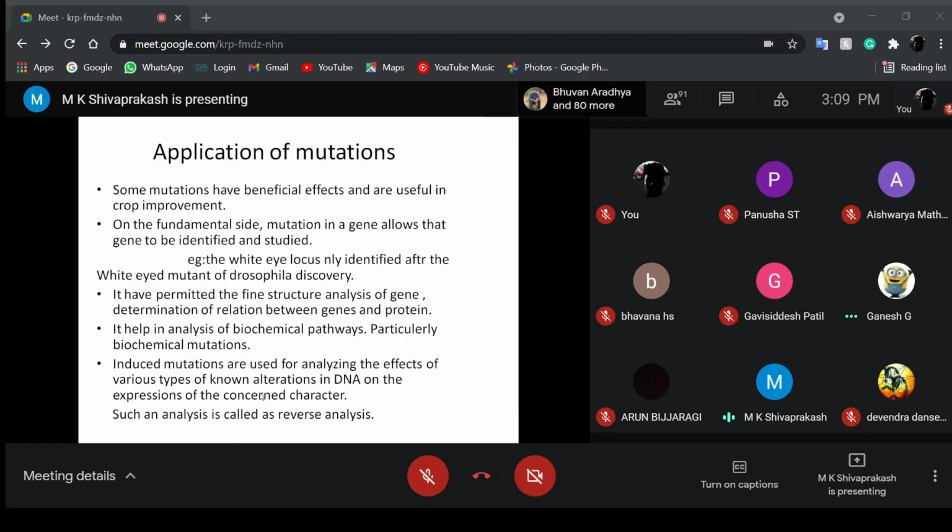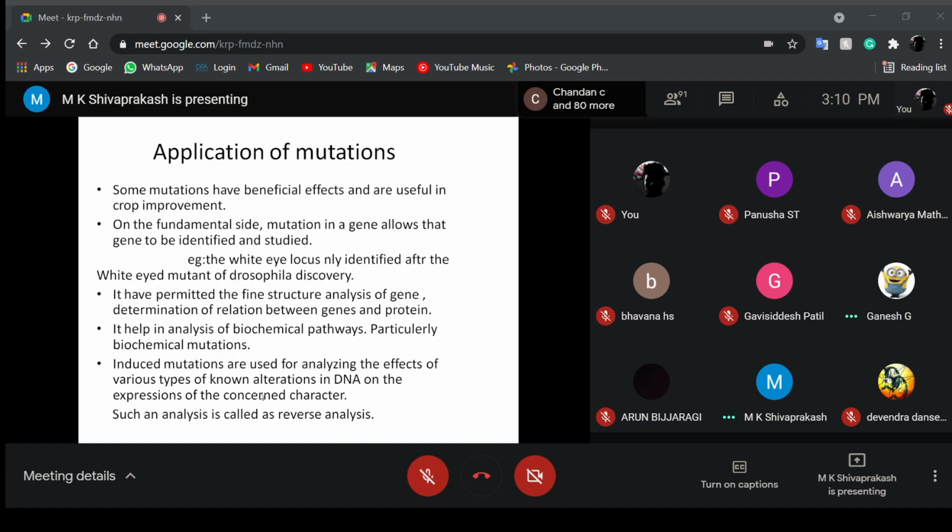So that is possible by introducing mutation at the gene level and studying the effects. Then it helps in the analysis of biochemical pathways, particularly biochemical mutations.